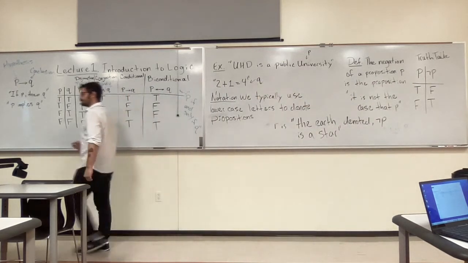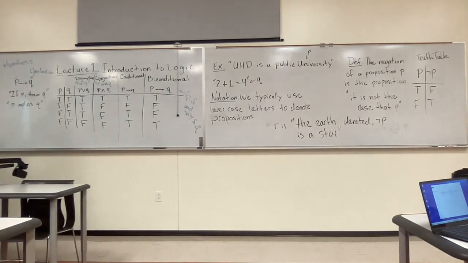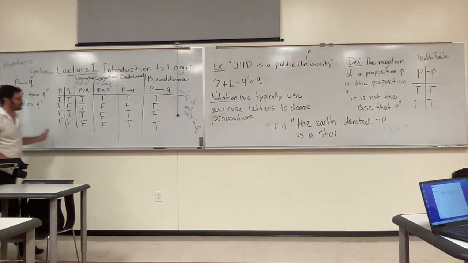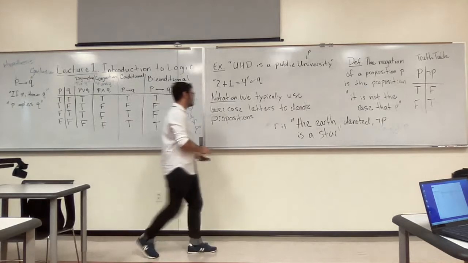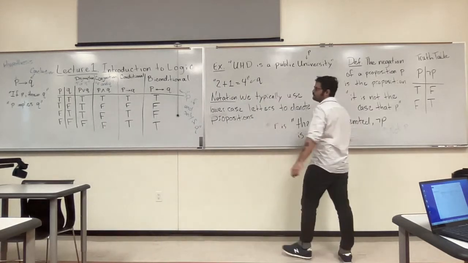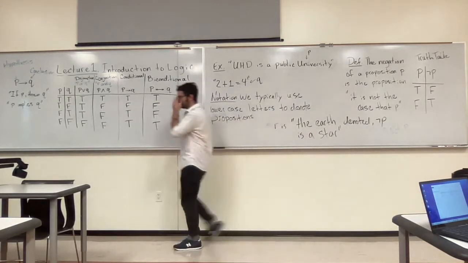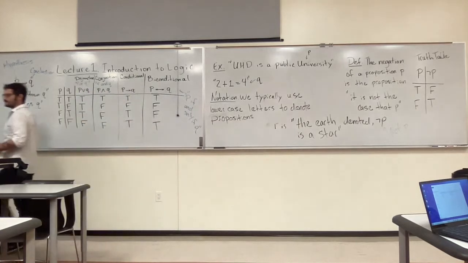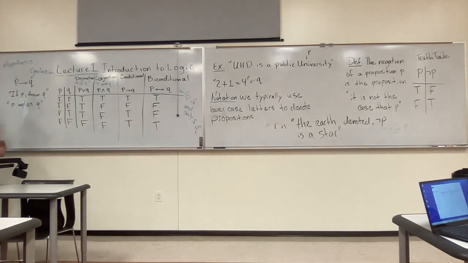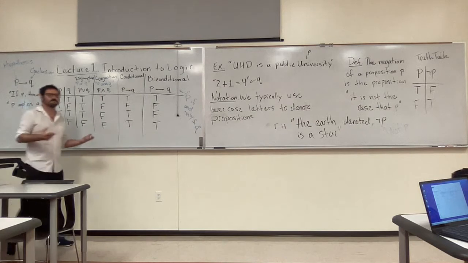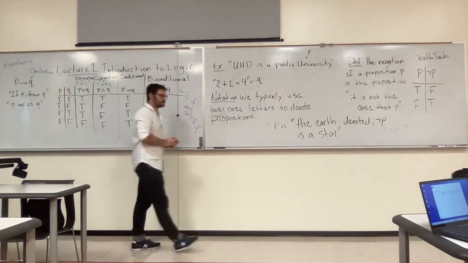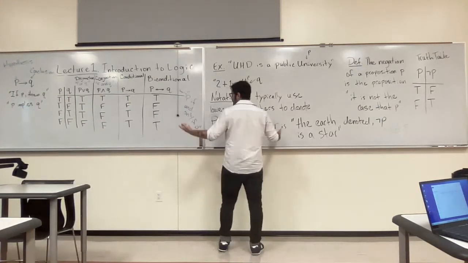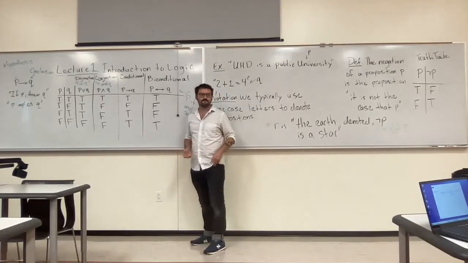Okay. So these are the basic operators. There is one more that you'll read about in the textbook when I assign the readings later today, the exclusive or. But for our purposes in class today, these are the ones that we will focus on.